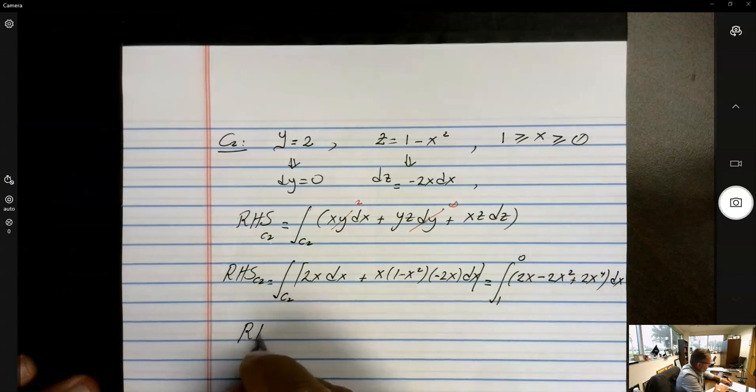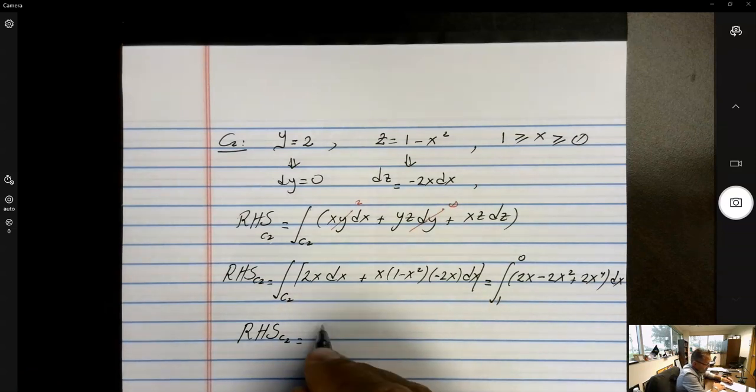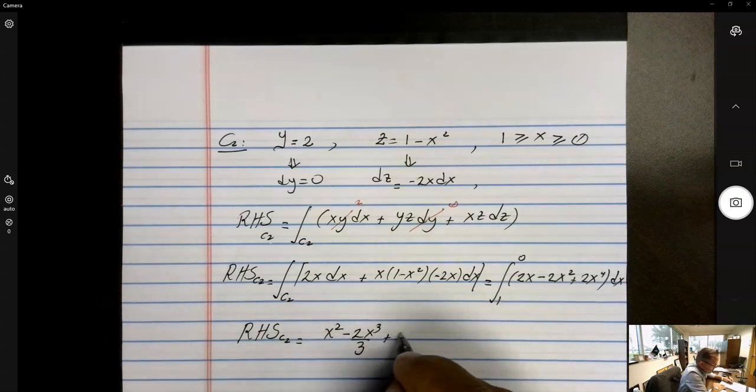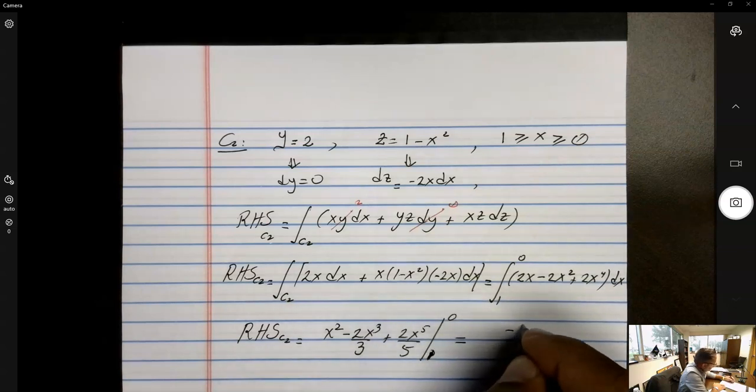So the right hand side along C2 is equal to x squared minus 2x cubed divided by 3 plus 2x to the 5 divided by 5, evaluated between 1 and 0, and that leads to a right hand side equals minus 11/15.